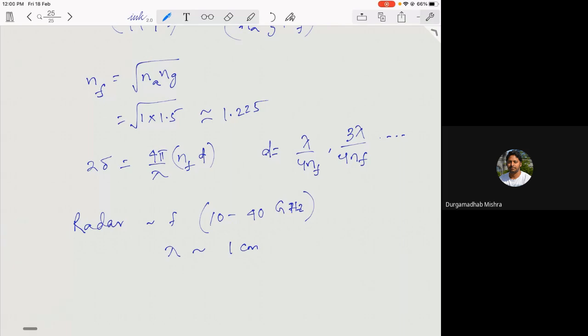There you need to solve these equations for the microwave region in the electromagnetic spectrum. You have to solve Maxwell's equations for the microwave range, and then you can obtain the optimum thickness D and the refractive index N.